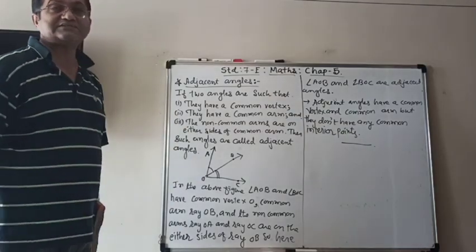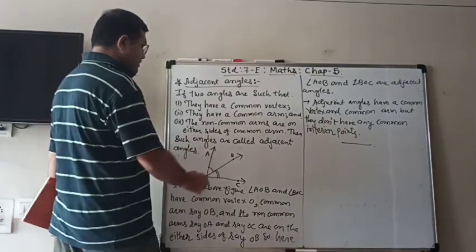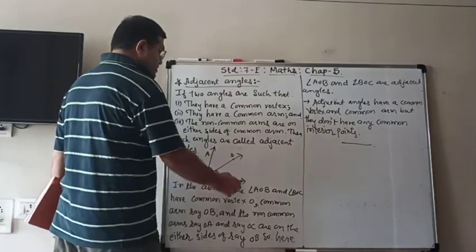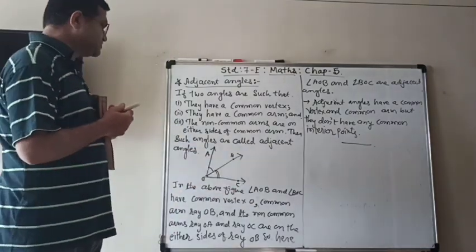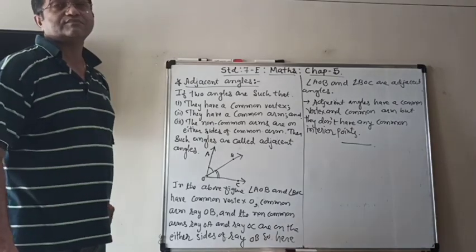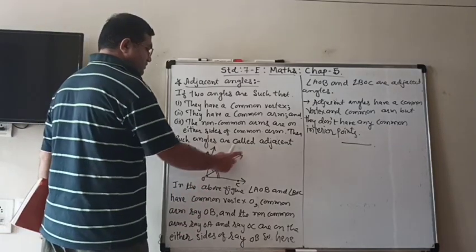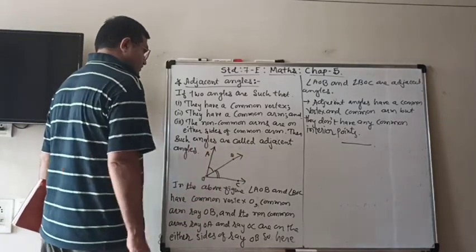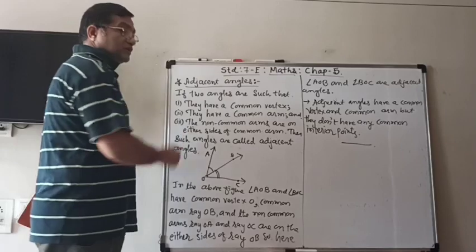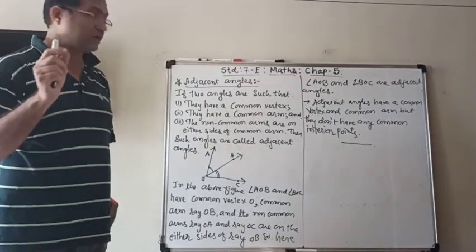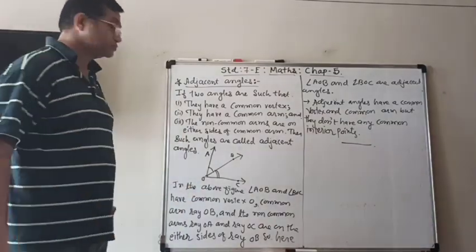So here two angles are there, angle AOB and angle BOC. You can see that both the angles have the vertex O. O is the vertex of both the angles. It means they have a common vertex. So the first condition is fulfilled: they have a common vertex O.